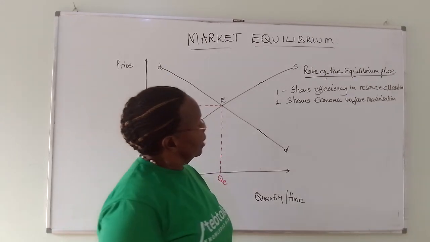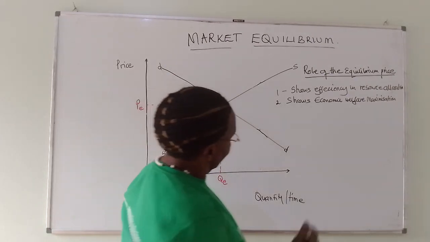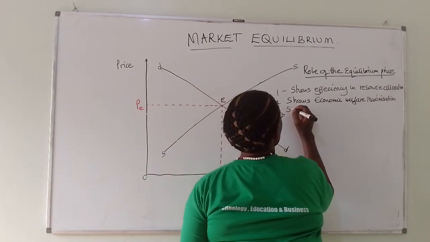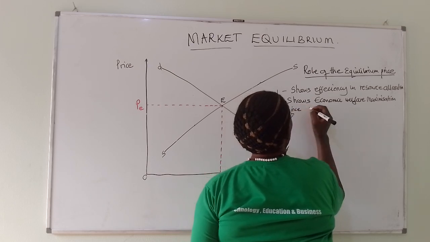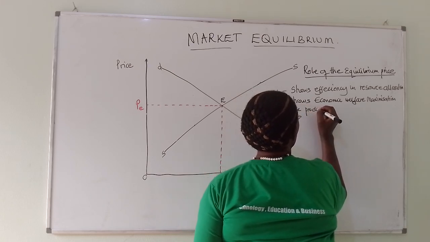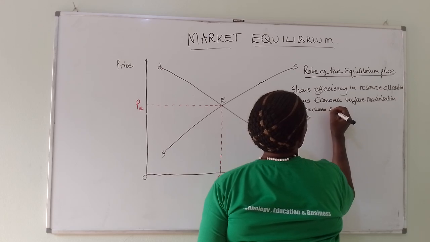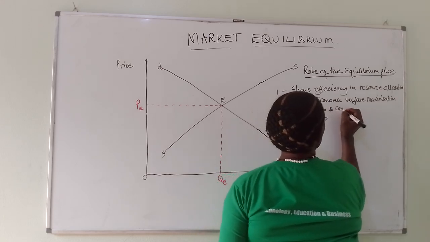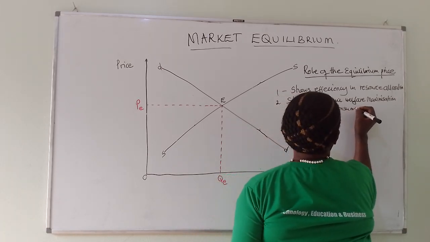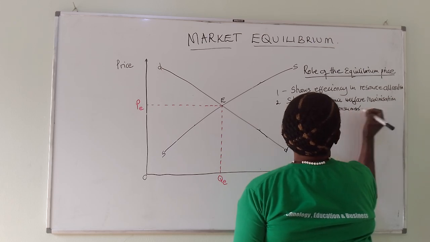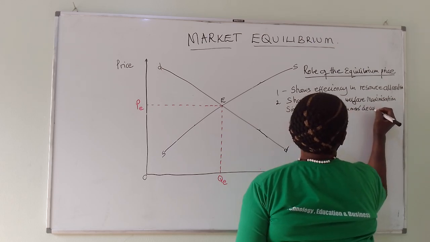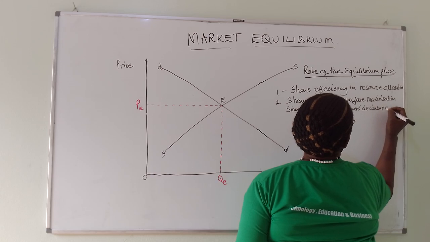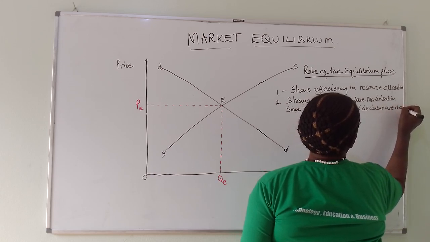How do we know that now economic welfare is being maximized? We see that this is indicated by the fact that producers' and consumers' decisions are the same.